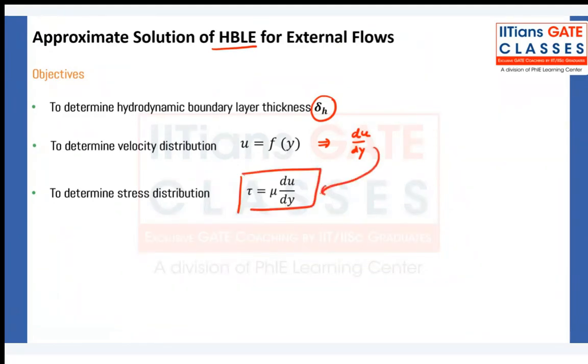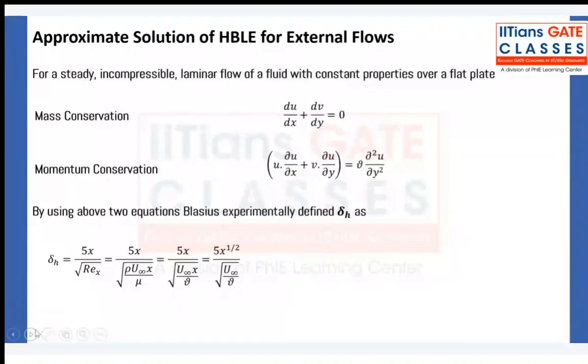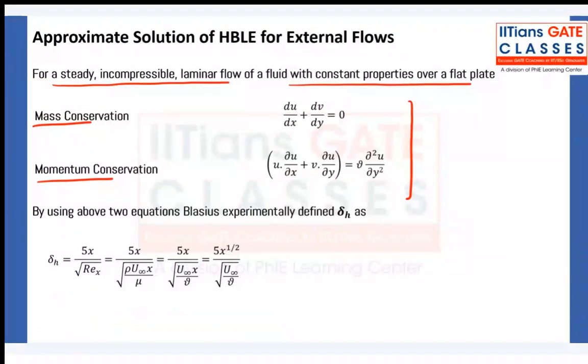This is the objective of solving hydrodynamic boundary layer equations. Then we will go to thermal boundary layer equations. Now let's talk about hydrodynamic boundary layer equations. Let us take our two conservation equations, mass conservation and momentum conservation, for steady incompressible laminar flow of a fluid with constant properties over a flat plate. Now Blasius has solved these equations experimentally.